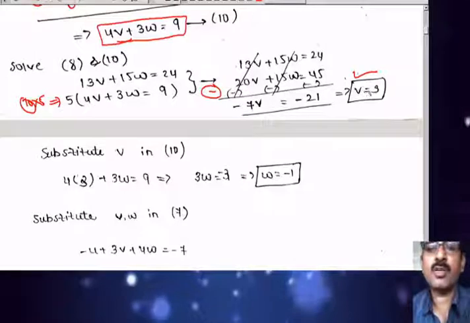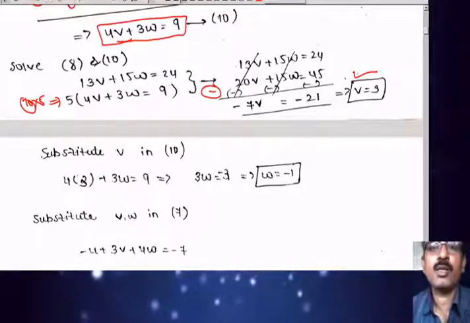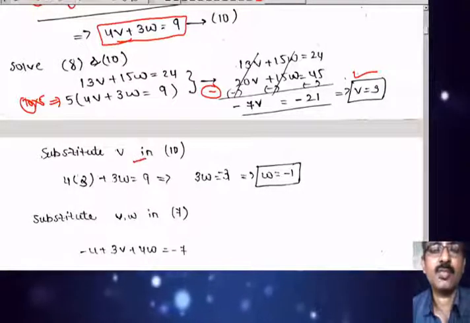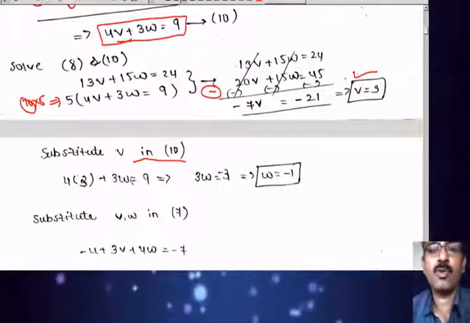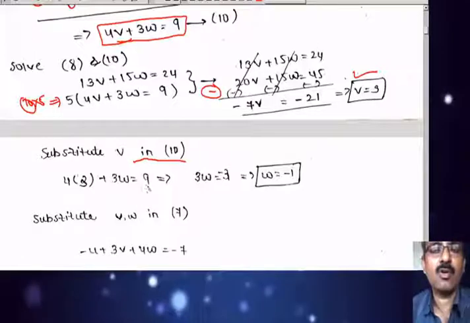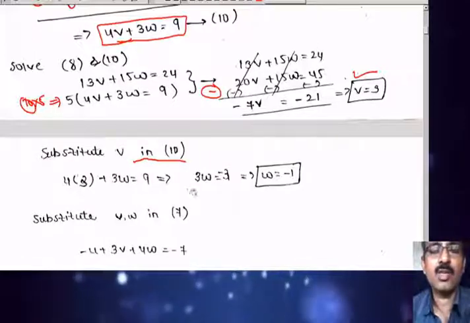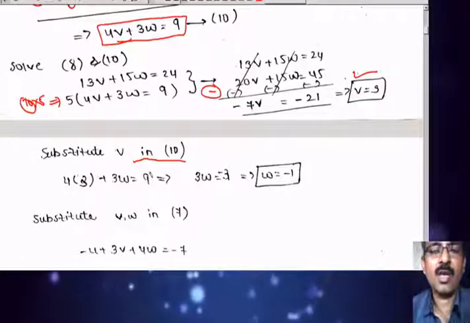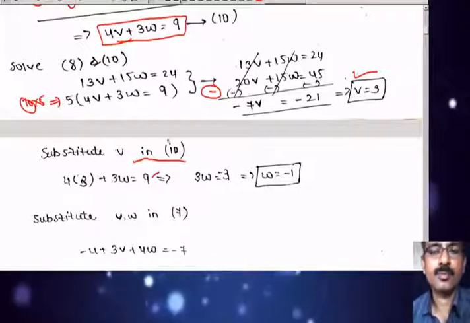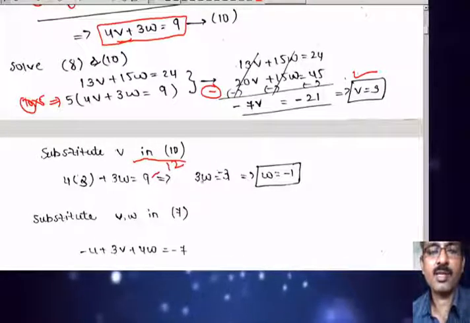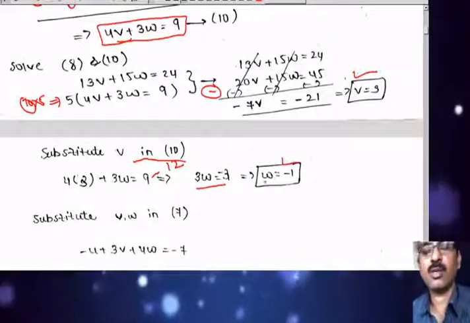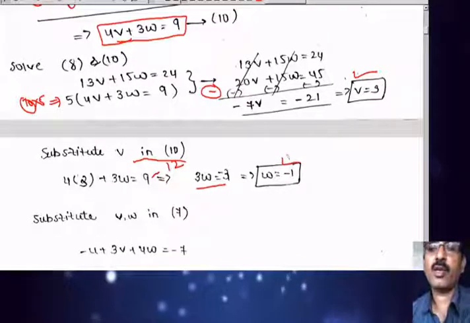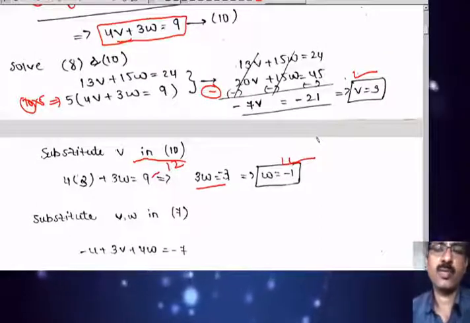While substituting v equal to minus 3 in the 10th equation, 4 into minus 3 plus 3w, equal to 9. 4 times 3 is 12, 9 minus 12, we have minus 3. 3w equal to minus 3, then w equal to minus 1. So finally we got w.